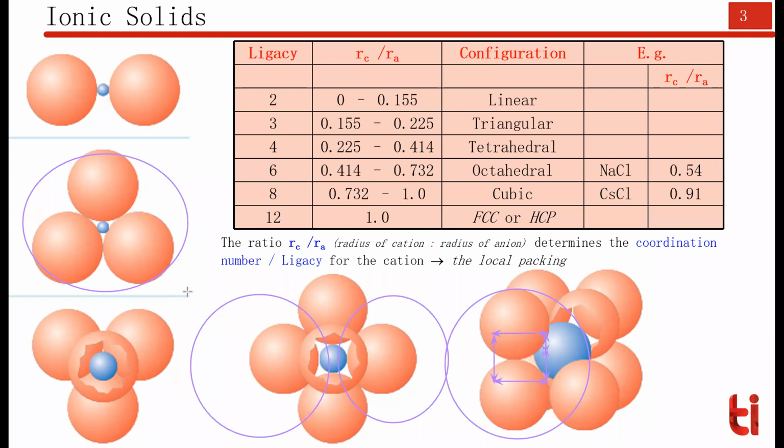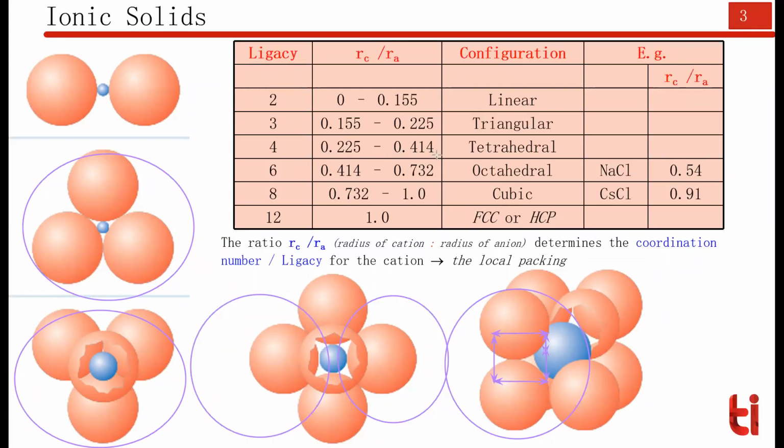You remember 0.225 was the transition point where the tetrahedral void is formed. So if you change the ligancy from 3 to 4, what you get is the tetrahedral configuration. You get this kind of structure where the valley is formed between 3 coplanar atoms and one corner atom that goes on top of that. In this case, your radius ratio will lie between 0.225 and 0.414.